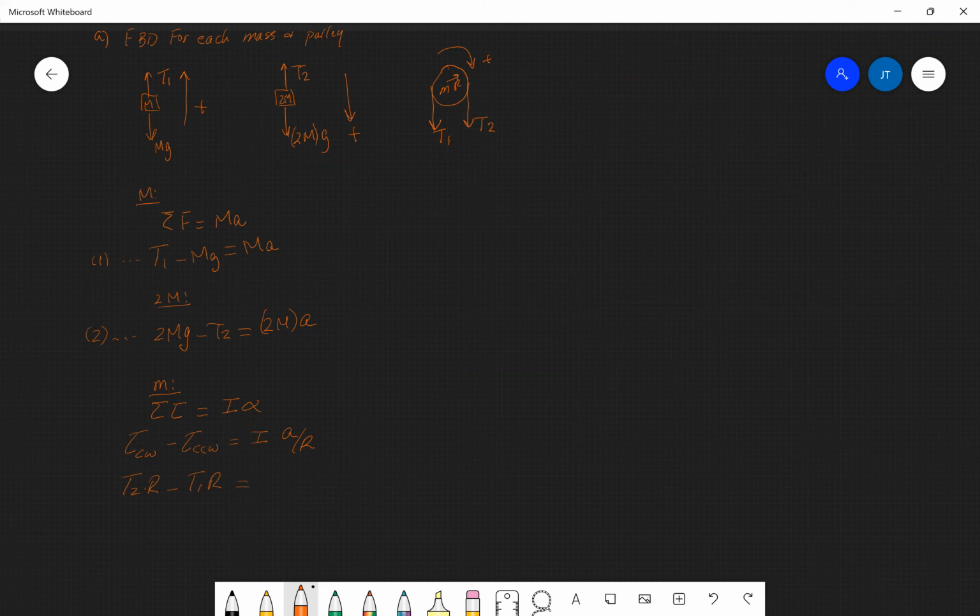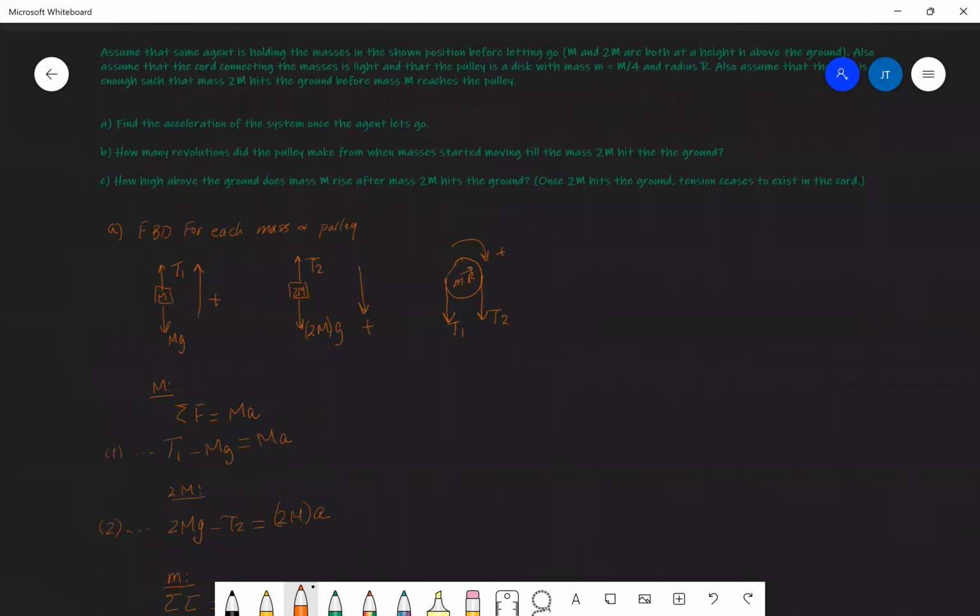I is 1/2 little m R squared, times a over R. Dividing both sides by R: T2 minus T1 equals 1/2 little m a.